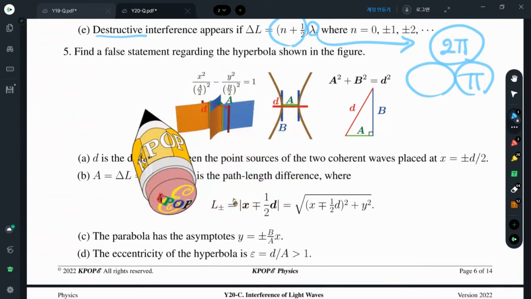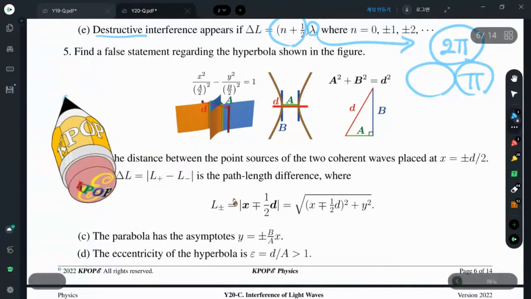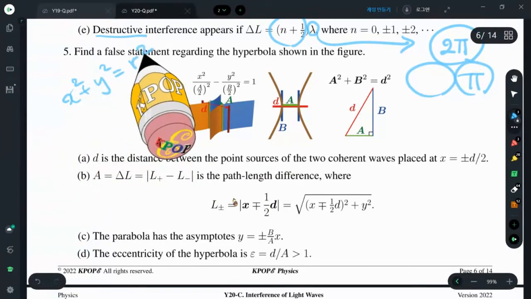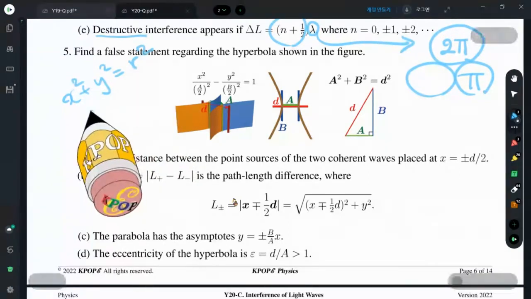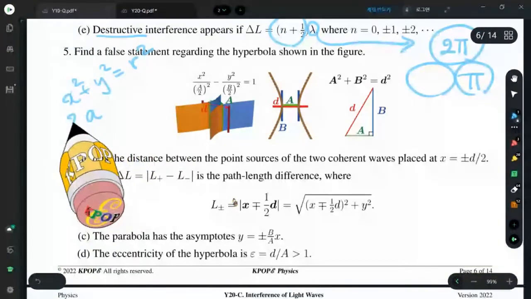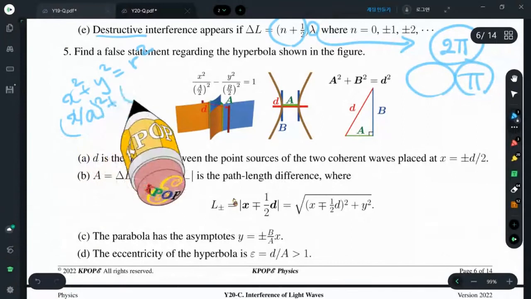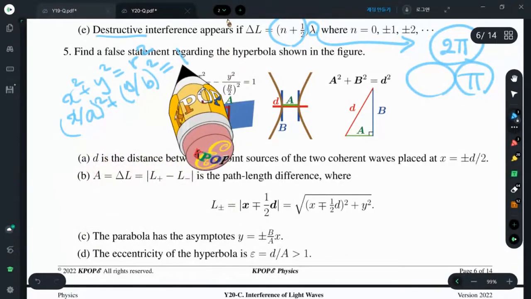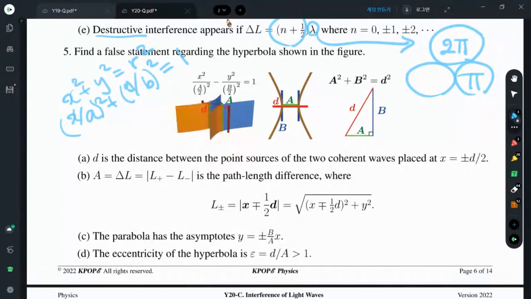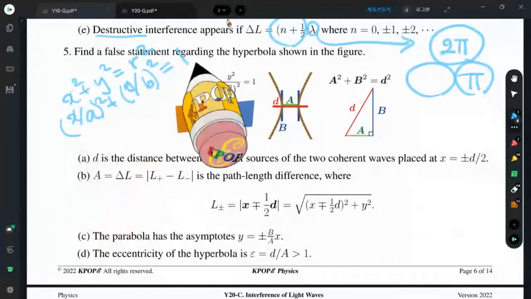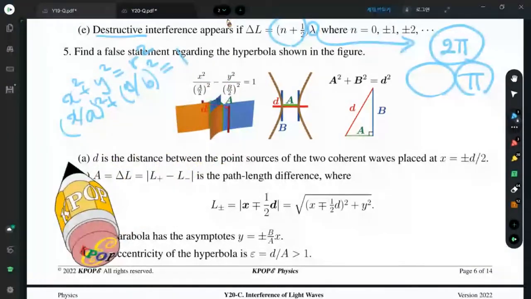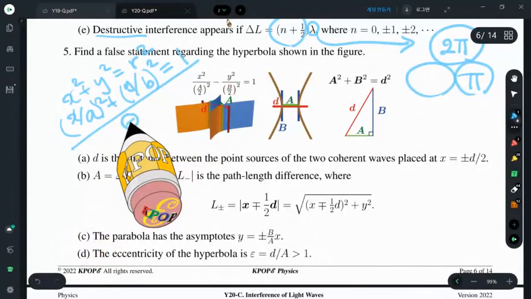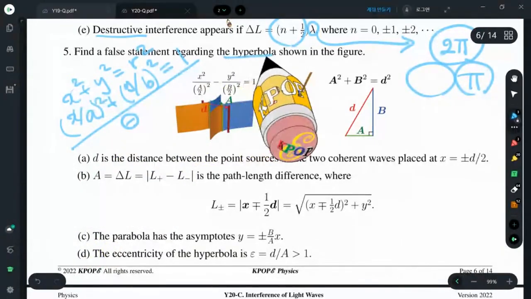I don't know whether you learned it. Do you know what it is? This is a circle. This is an ellipse. It is very similar to that, except that we have a negative sign on it. This is a hyperbola.